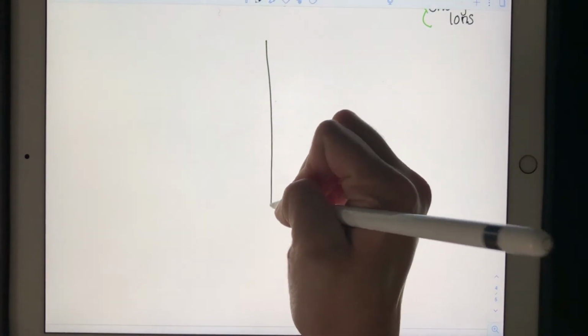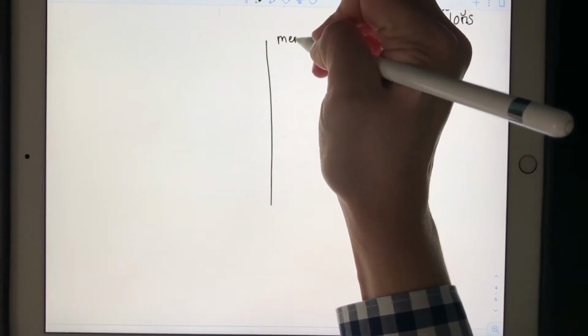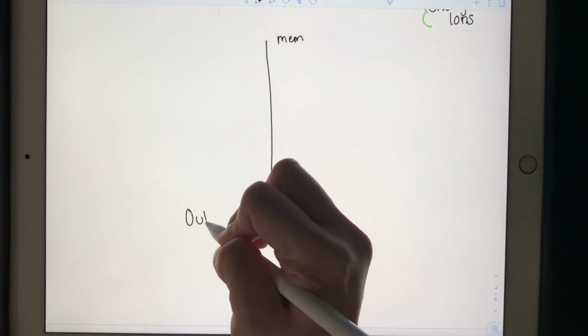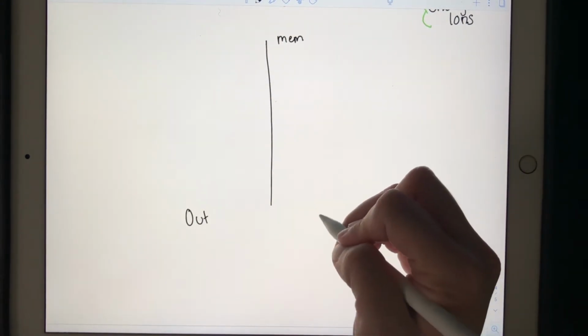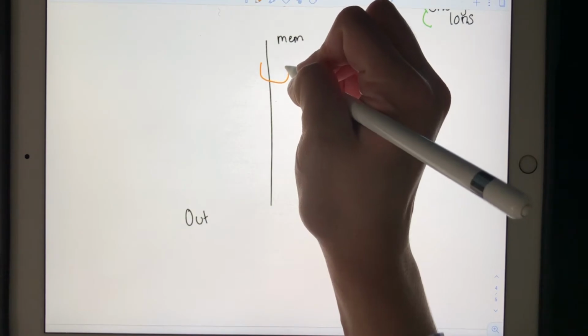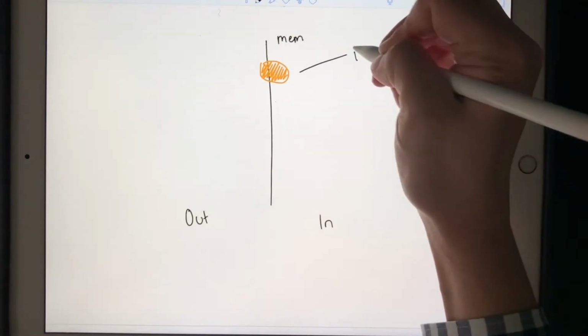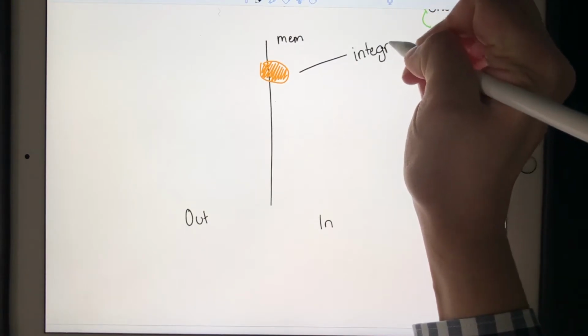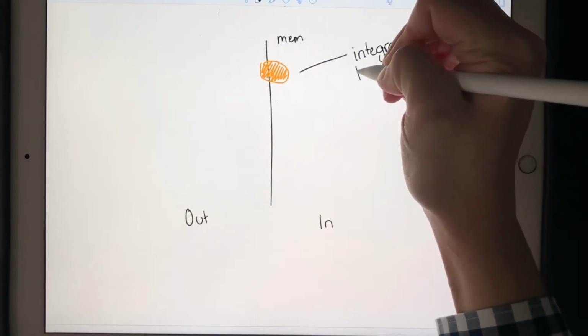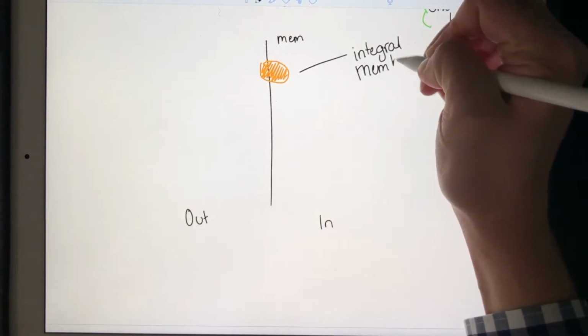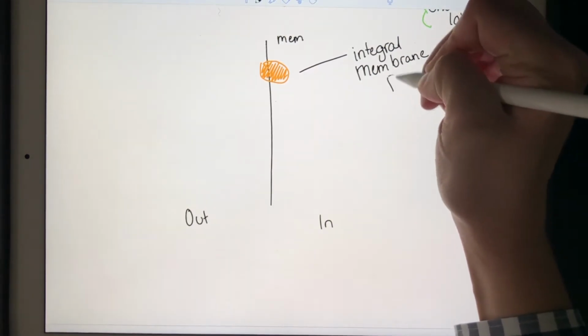So let's make a sketch that describes facilitated diffusion. Like we usually do, we're going to start with our membrane. I'm going to say outside is on the left, inside's on the right. I'm going to draw in a little ovally shape, and I'm going to say that is an integral membrane protein to allow for facilitated diffusion.